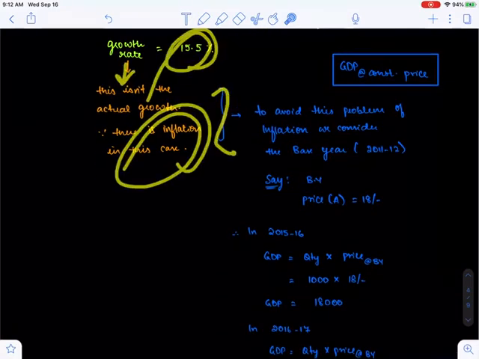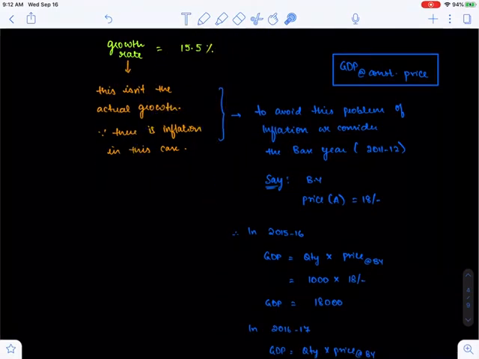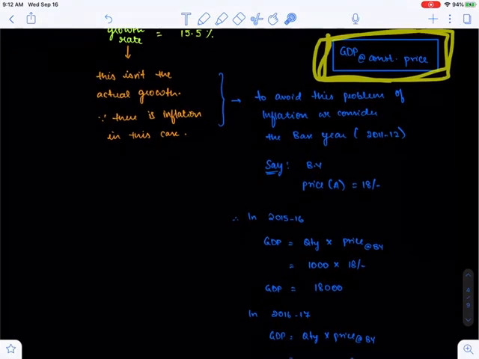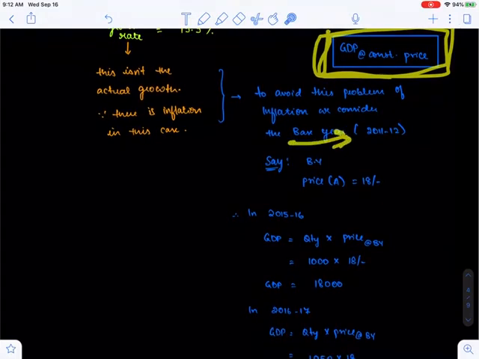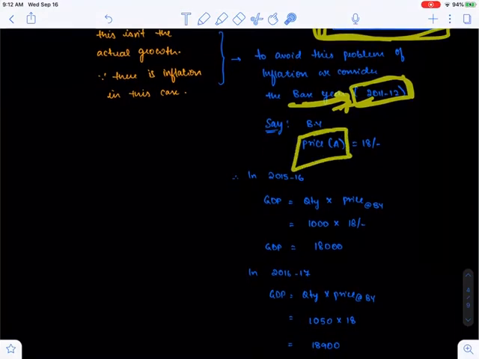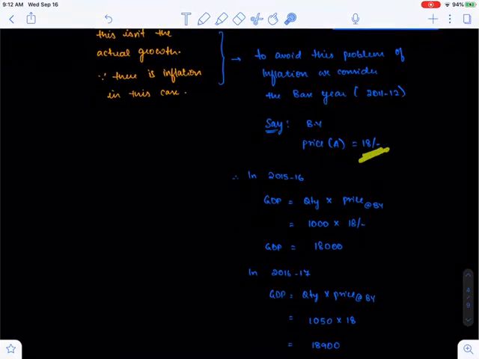So just to avoid this entire problem and just to ensure that the growth rate represents the increase in the production in the country, we go for the concept of GDP at constant price. So here what we do is just that we take a base year. Say base year is 2011 to 12, and in the base year the price of good A is 18.